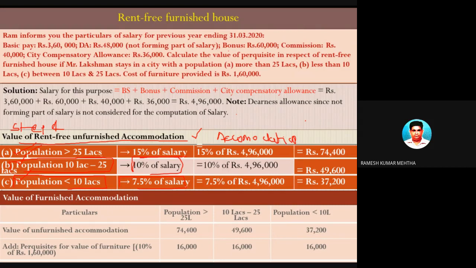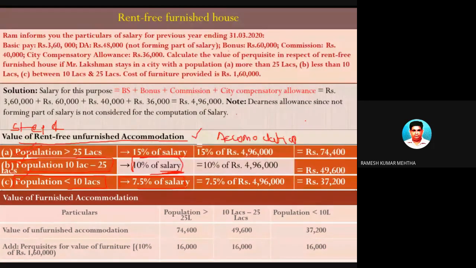So the value of the accommodation depends upon the type of city, which is based upon the population: greater than 25 lakhs, between 10 and 25 lakhs, and less than 10 lakhs. So it is 15%, 10% and 7.5% of salary respectively. Now what is the meaning of the word salary? As I already told in the last class, if you are not able to remember, go and visit my previous class videos on YouTube.